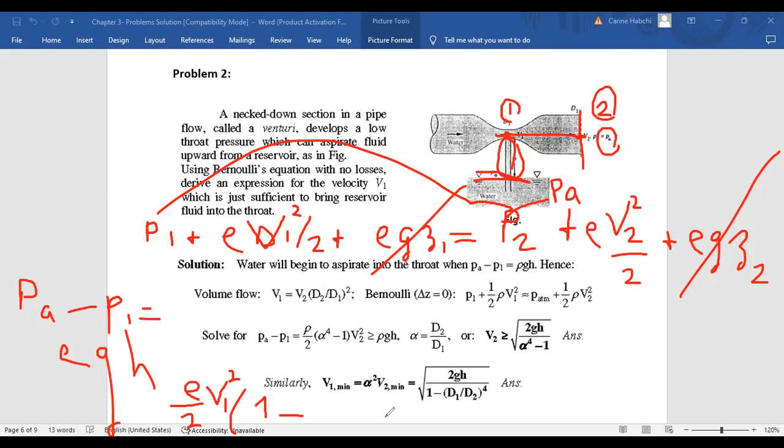So I can factor out V1 square. What remains is D1 over D2, which is already squared, and now we are squaring again. So it becomes to the power 4. So this is equal to rho gh.